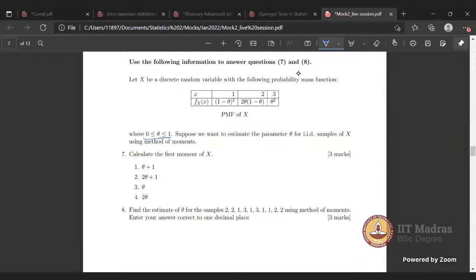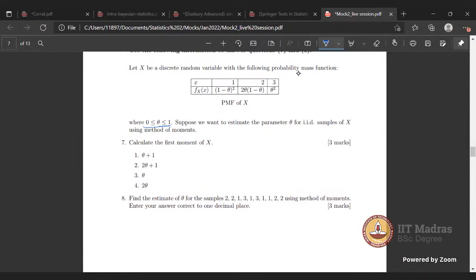If you have a discrete distribution and a parameter that is unknown to you, you don't know the probability of x equals x. You just know there is a parameter theta, and the probability that x equals 1 is (1 minus theta) squared. So we have to estimate this parameter now.